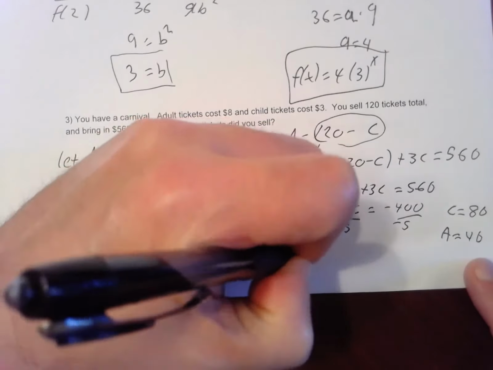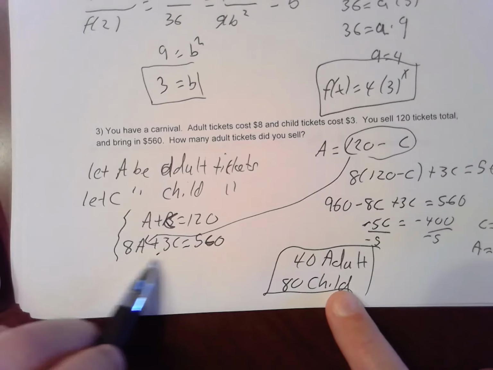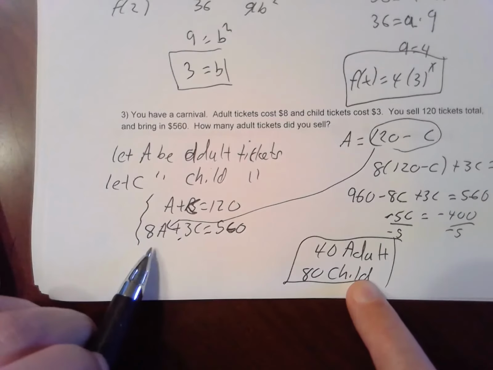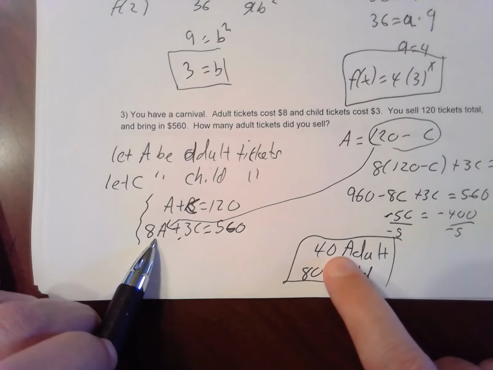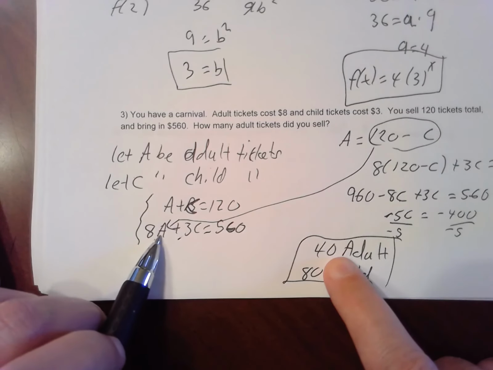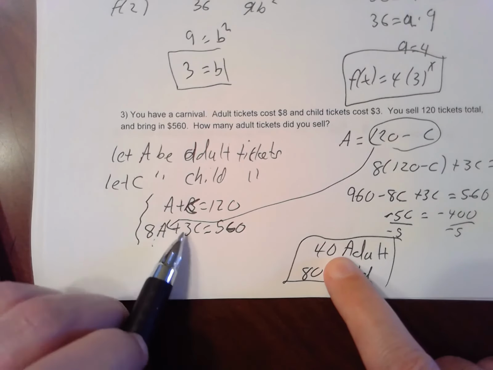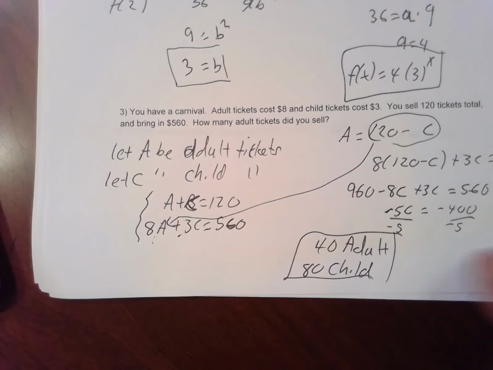And then I trust my work here, but I think you should plug those back in. I guess we could do it really quickly. 8 times 40 would be $320 plus another 240. So 320 plus 240 is 560. It works. Okay.